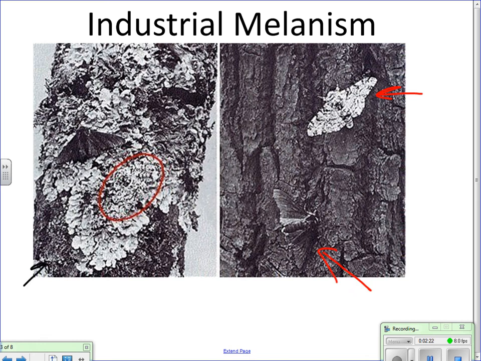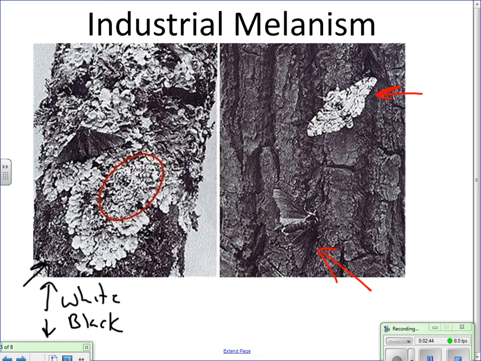Pre-industrialization, trees in England looked like this. And what we found was that there was a higher amount of white pepper moths and a lower amount of black pepper moths in terms of the allele. So we didn't see them that often. We saw more white pepper moths than we saw black.